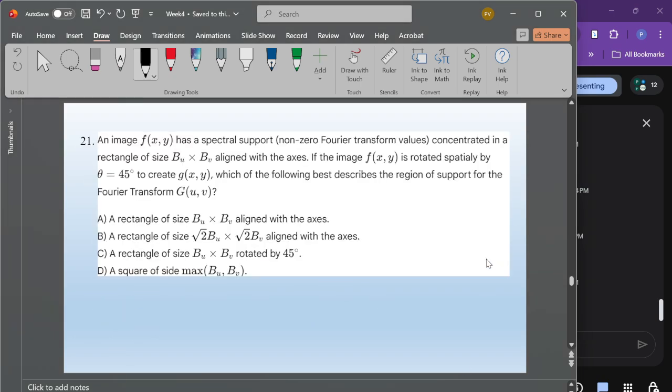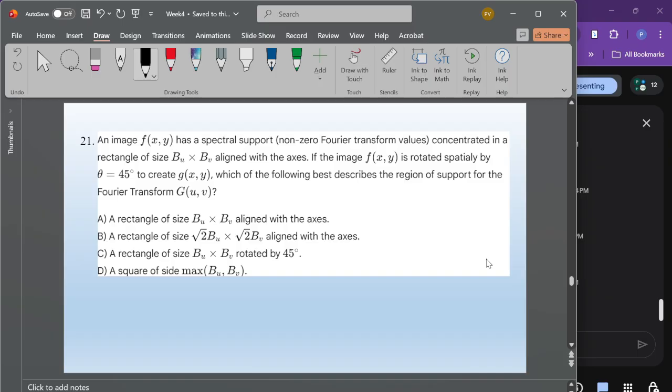Our next question is, an image f of x comma y has a spectral support, that is, non-zero Fourier transform values, concentrated in a rectangle of size Bu cross Bv aligned with the axis.